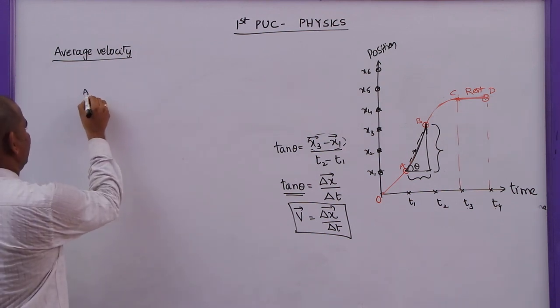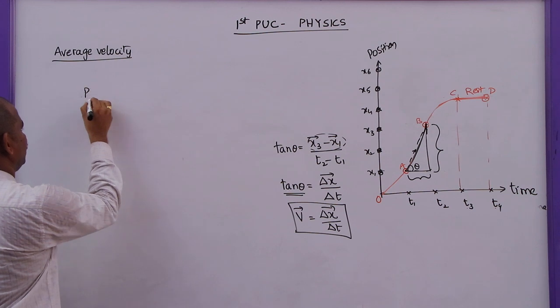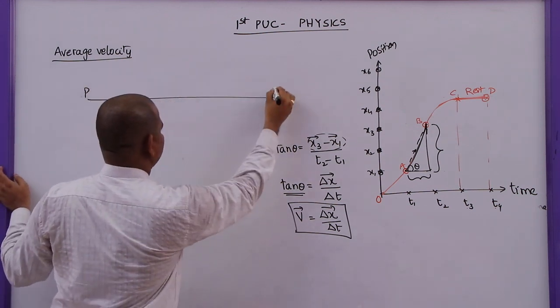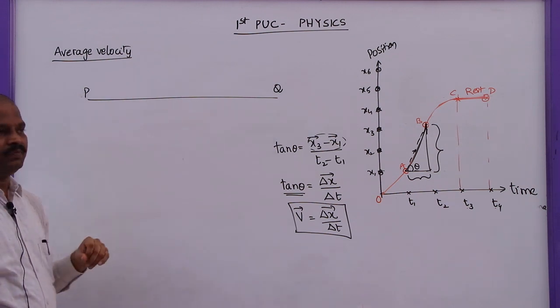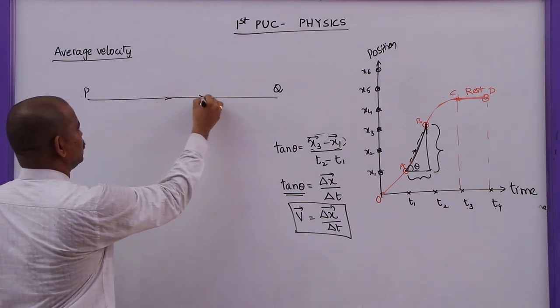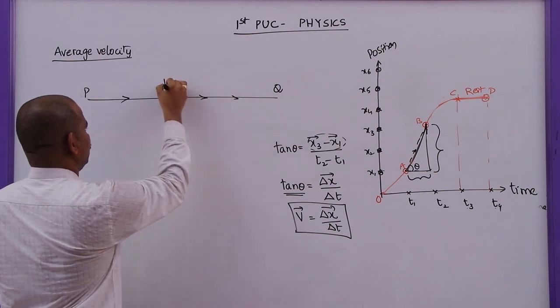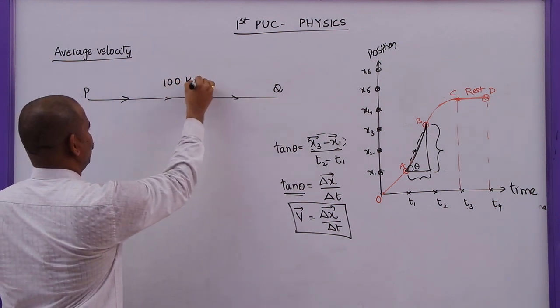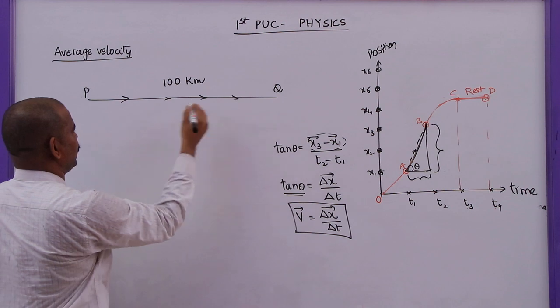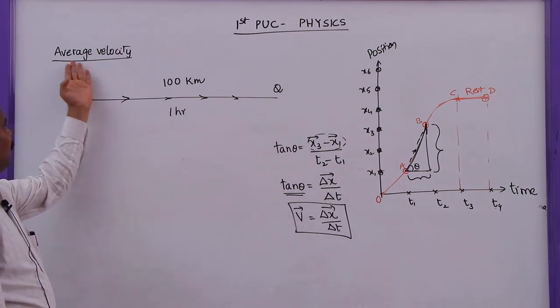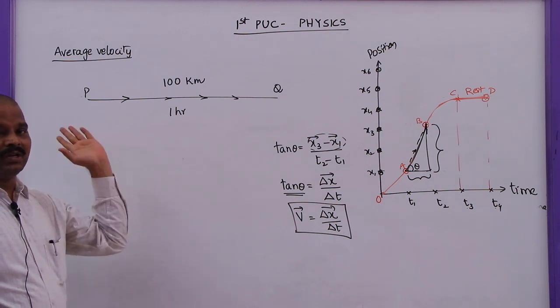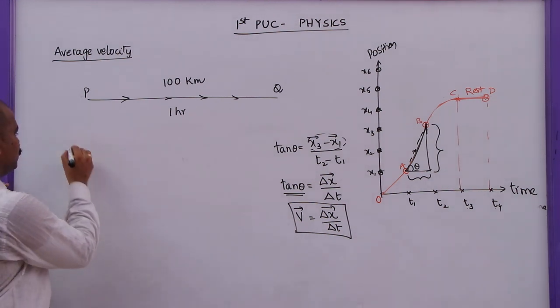A body started from A, or let me take P, moving along a straight line, and reached Q. The total displacement between P and Q is 100 kilometers, and the total time taken is 1 hour. The average velocity is defined as the total displacement by total time.